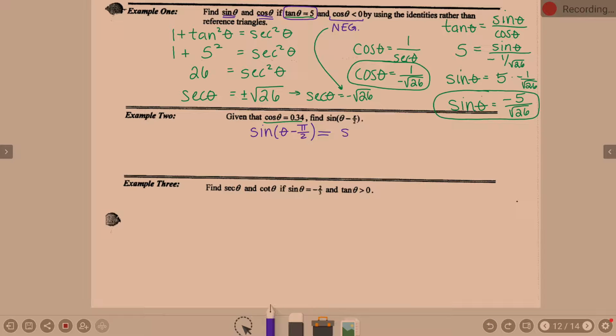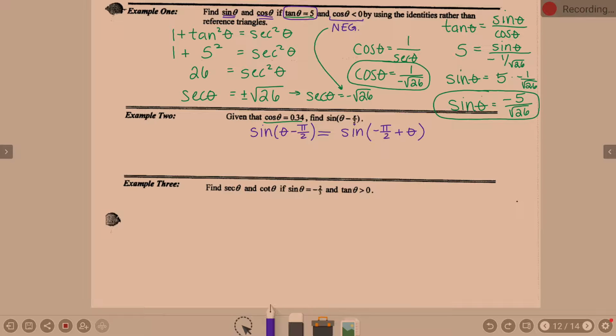If you take the theta and the pi over 2 and flip them, and I put the pi over 2 first in my parentheses, it's a what type of pi over 2? A negative pi over 2. And then the theta last, it's a plus theta.